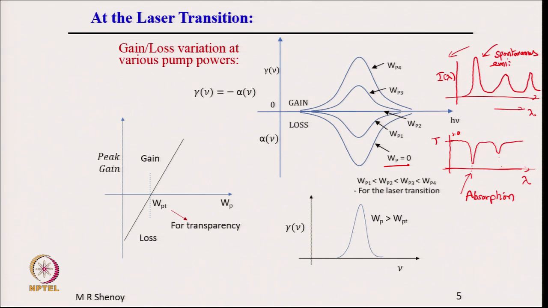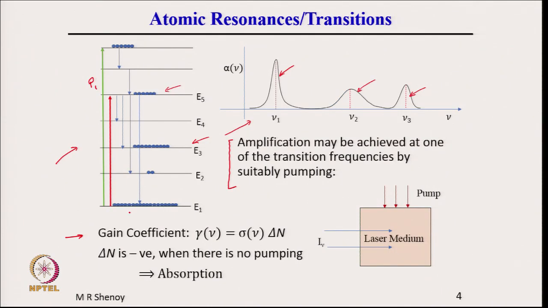An atomic system which is excited gives out spontaneous emission, and we see resonances at different wavelengths corresponding to specific transitions from different levels. So, here we excite atoms from the ground state to an upper state. From there they make downward transitions, and when they do, photons are emitted.